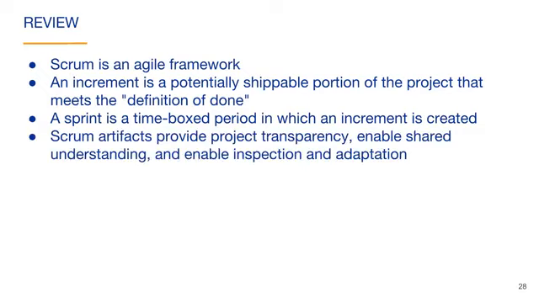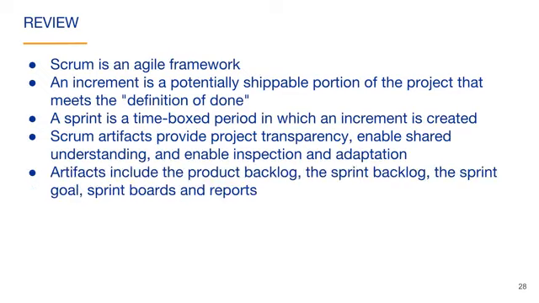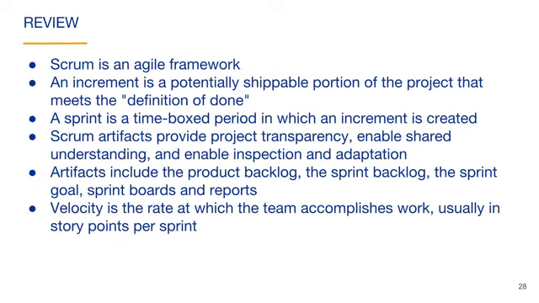Scrum artifacts provide project transparency, enable shared understanding, and enable inspection and adaptation. Artifacts include the product backlog, the sprint goal, sprint boards, and reports. Velocity is the rate at which the team accomplishes work, usually in story points per sprint.